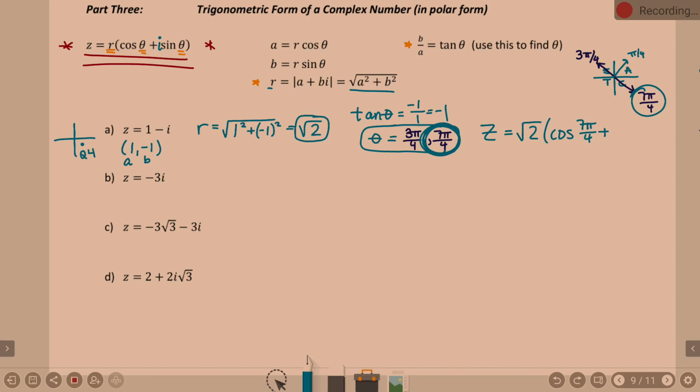So, the next thing we're going to write is I times sine of what was theta? 7 pi over 4. Okay, guys. There's your final answer. And yes, my apologies, there was supposed to be an I in there, and it's not even written in my notes. What am I doing?